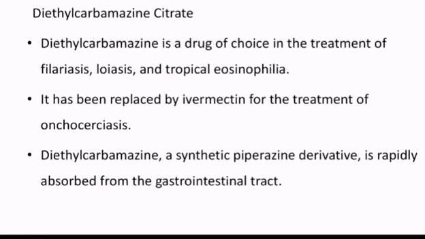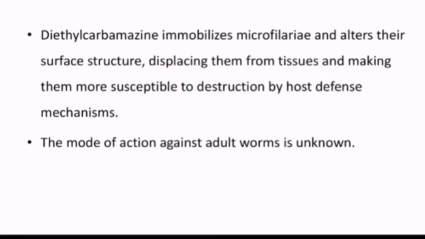Then we have diethylcarbamazine citrate, the drug of choice in treatment of filariasis, loiasis, and tropical eosinophilia. It has been replaced by ivermectin in treatment of onchocerciasis. Diethylcarbamazine is a synthetic piperazine derivative rapidly absorbed from the gastrointestinal tract.